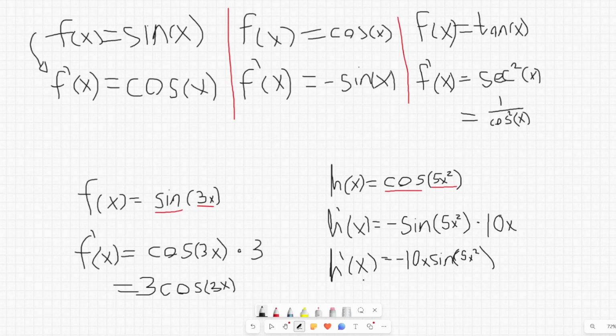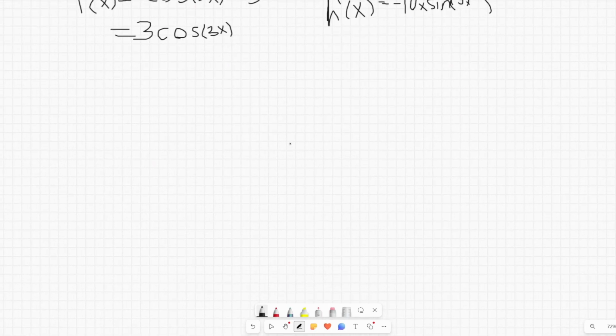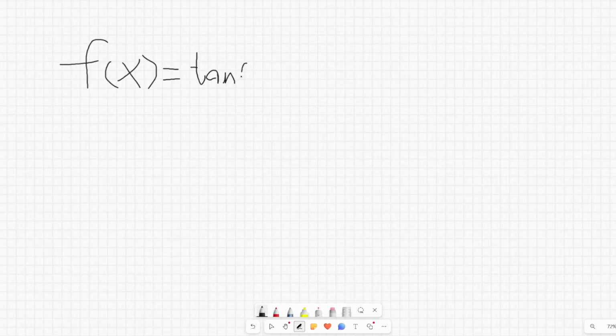Now we get to another one with tan. So we have f of x is equal to tan 2x plus 1. All right?